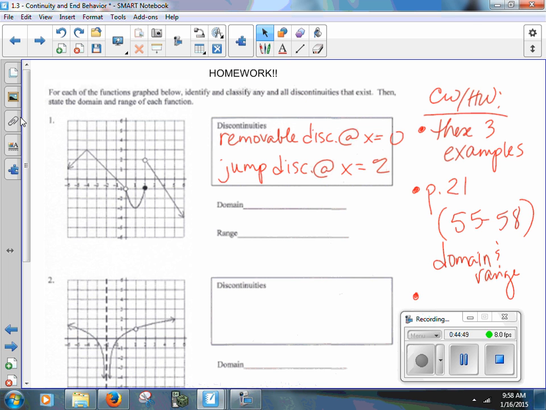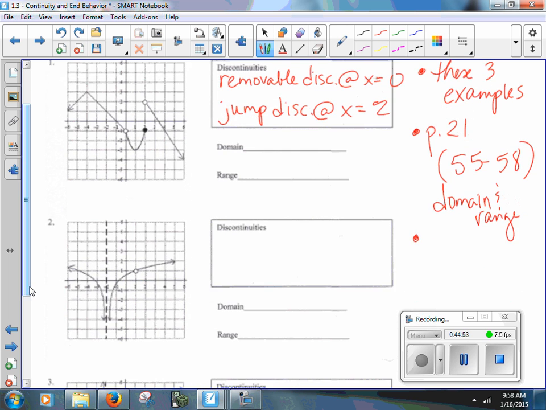Check out this DQ that's really not a DQ. I want you to find the domain of 1, 2, and 3 using algebra only, no pictures. If you don't show your work, you're not getting credit for it. Okay?